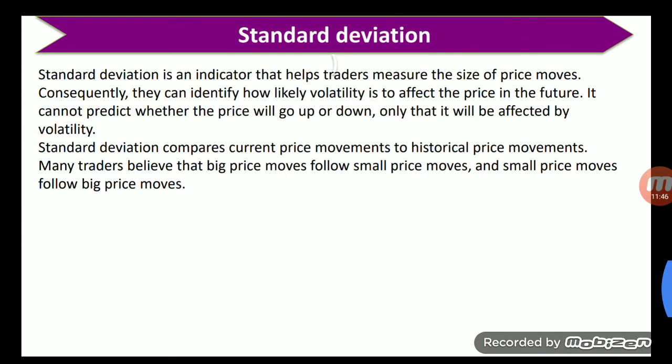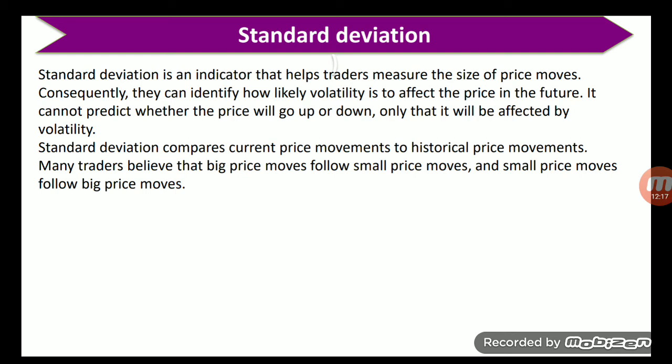Next technical indicator is standard deviation. Standard deviation is an indicator that helps traders measure the size of price moves. It is used in statistics to calculate the distance from the average. What is the average? To calculate the distance between the average and the move from the average.